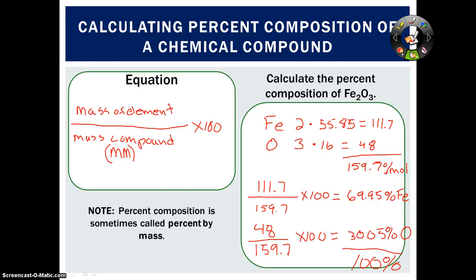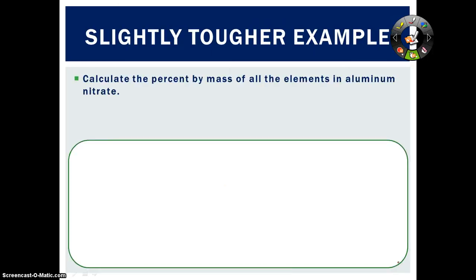So let's just do one more example, and it's a slightly more complicated example. Finding the mass of all the elements in aluminum nitrate. So this should say nitrate. The very first thing we need to do is write the formula.